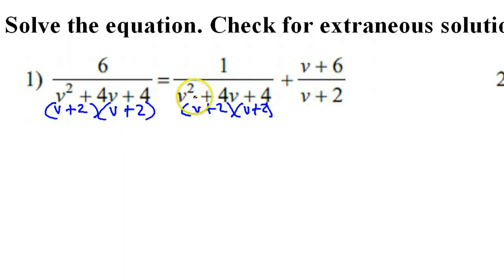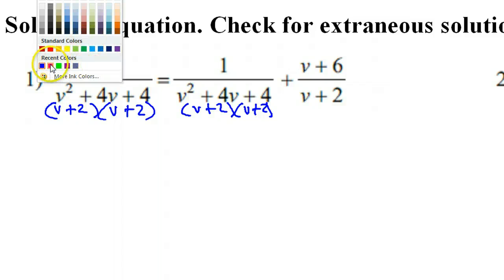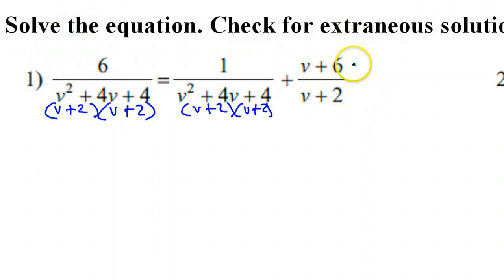Alright, so we need to multiply by anything we have in the denominator. So I am going to have to multiply by v plus 2 times v plus 2 everywhere.